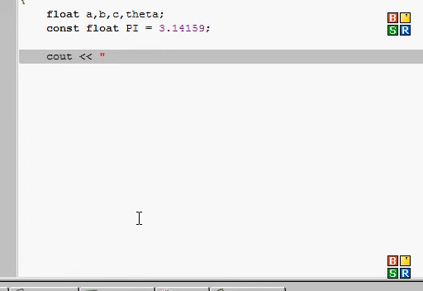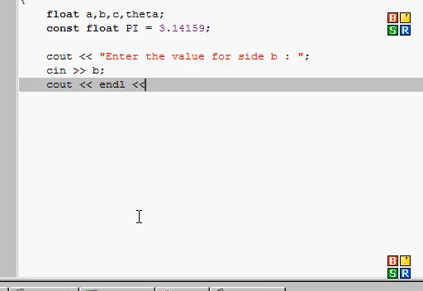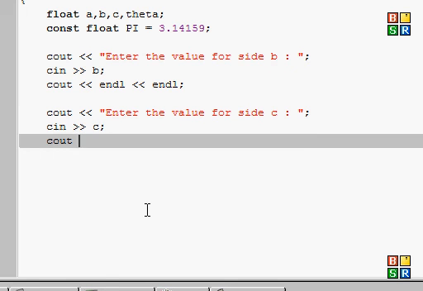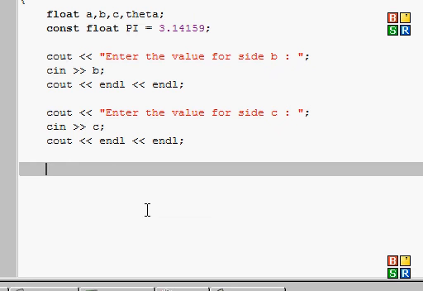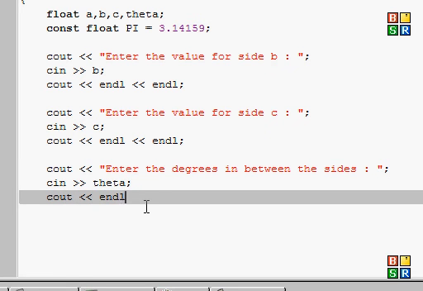I'm just going to say enter the value for side B, and then input that, and then enter the value for side C. Then enter the degrees in between the sides. That's going to be theta.